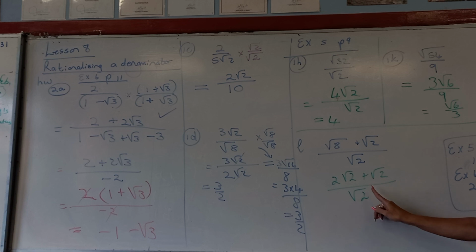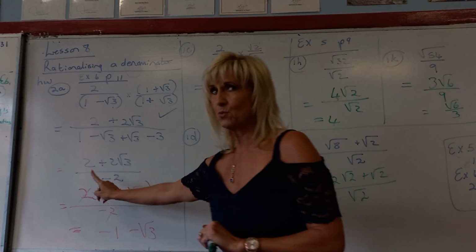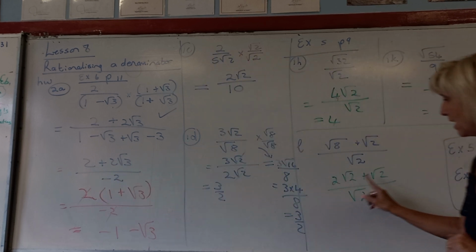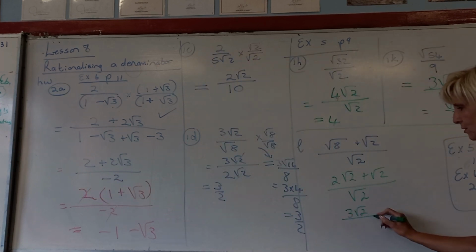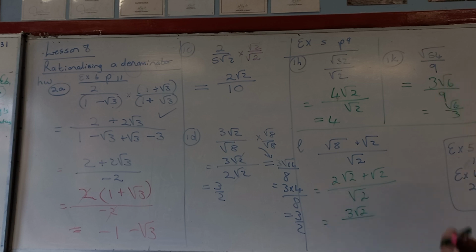Another thing that can happen here, because they are like terms, is 3 root 2. These weren't like terms, but they are. Alternative method: 2 root 2 and 1 root 2 is 3 root 2 over root 2, and the whole story about the roots at the bottom sorted itself out. So the answer is 3.